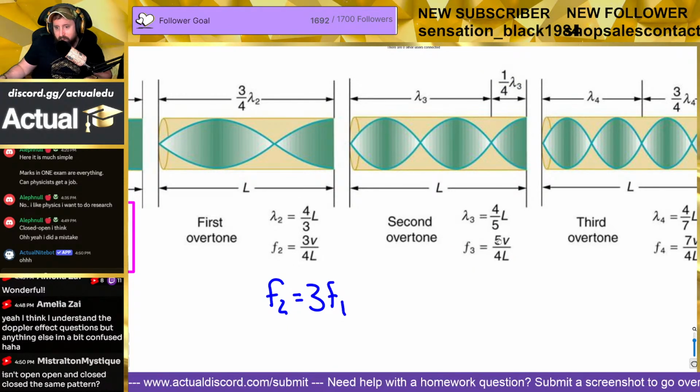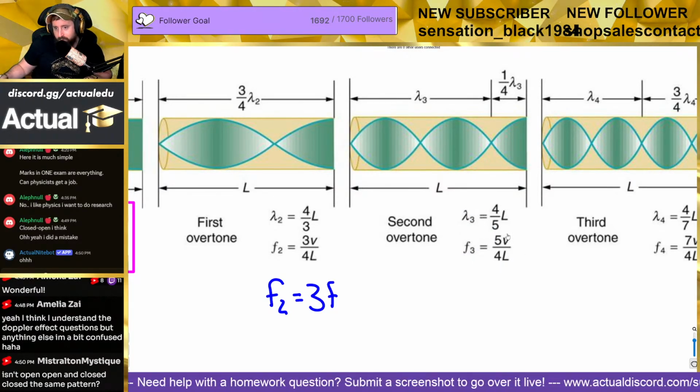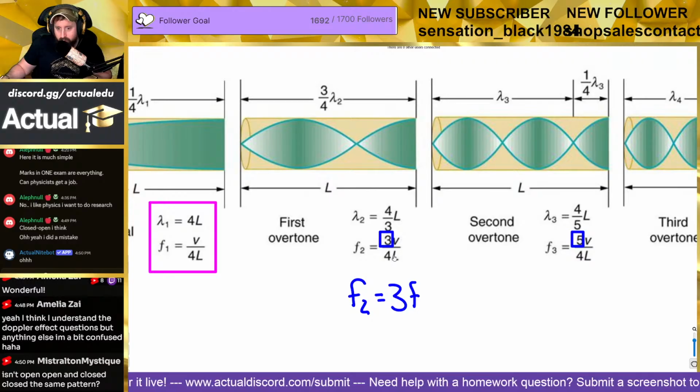So this now becomes F3. So lambda is 4/5 L. V over lambda then gets you 5/4 V over L. And so now you have 5 times the initial frequency. Because remember that this part is F1.